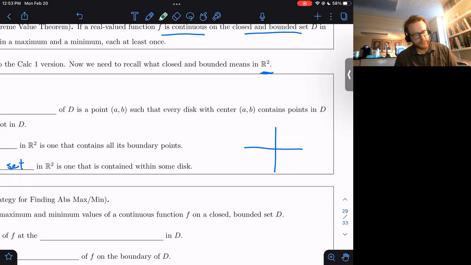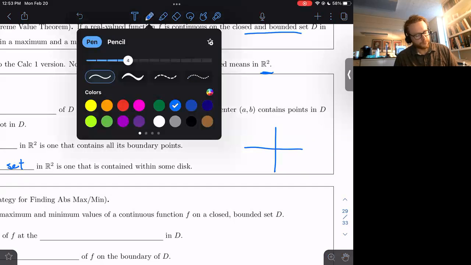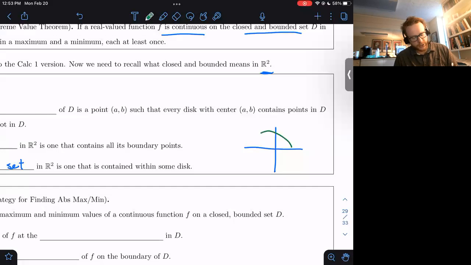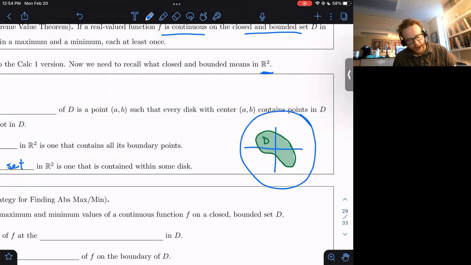But so long as D is some region that can be trapped within a disk, here's maybe our region D. Certainly I can trap this within some disk of finite radius.